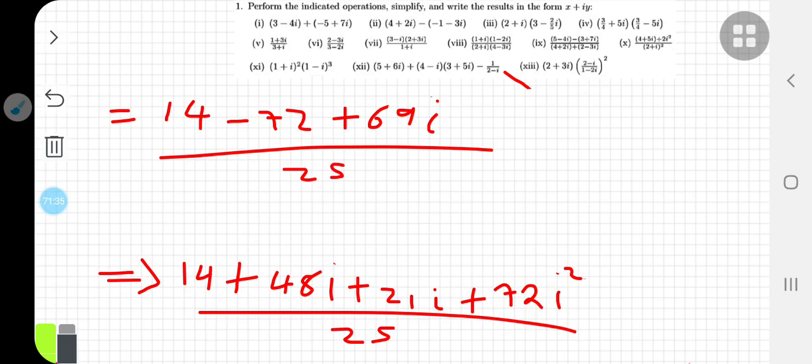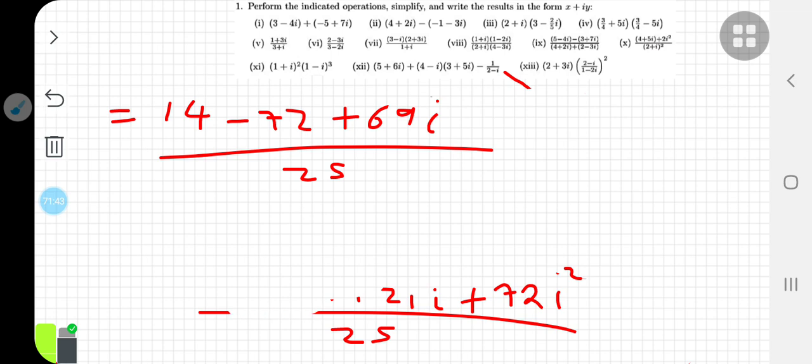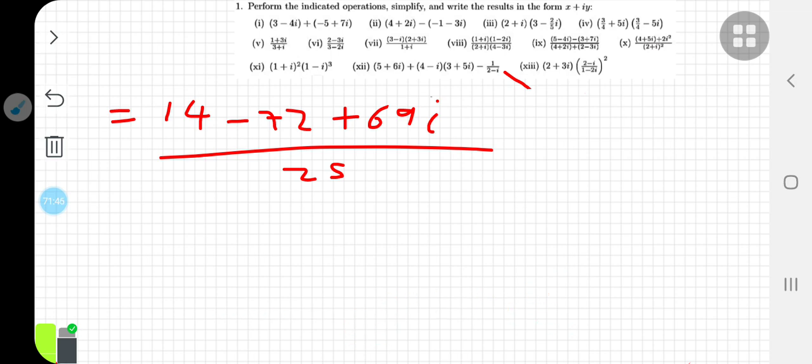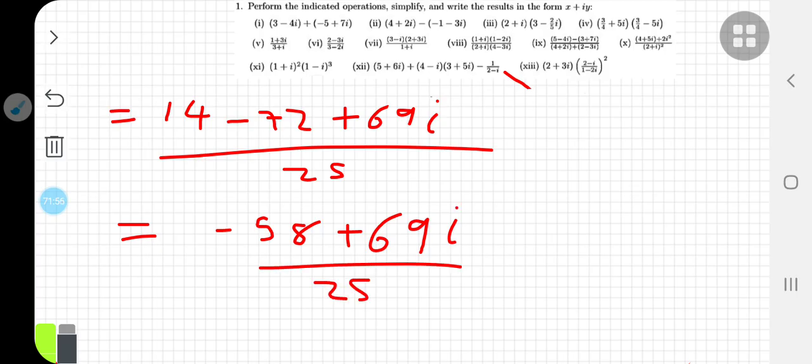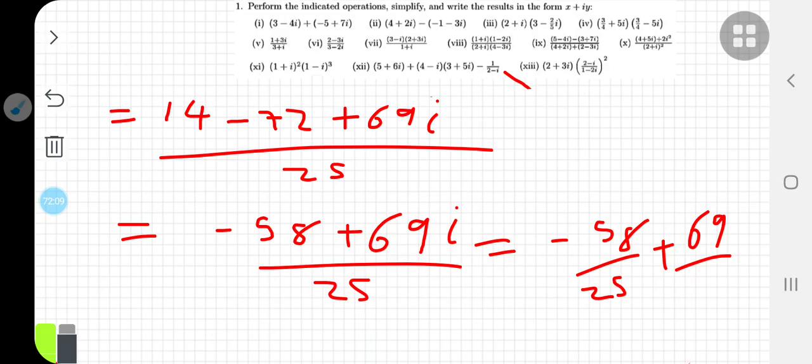And 14 minus 72, we have negative 58 plus 69i over 25, and my final answer comes as negative 58 over 25 plus 69 over 25i.